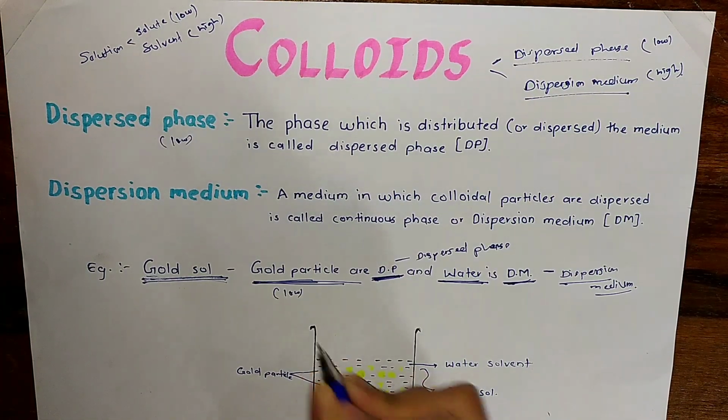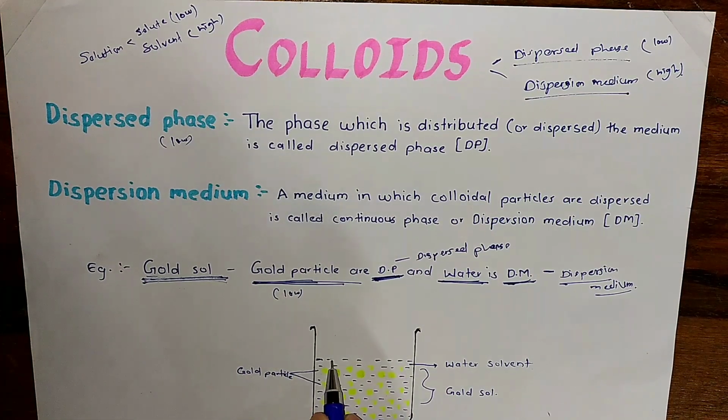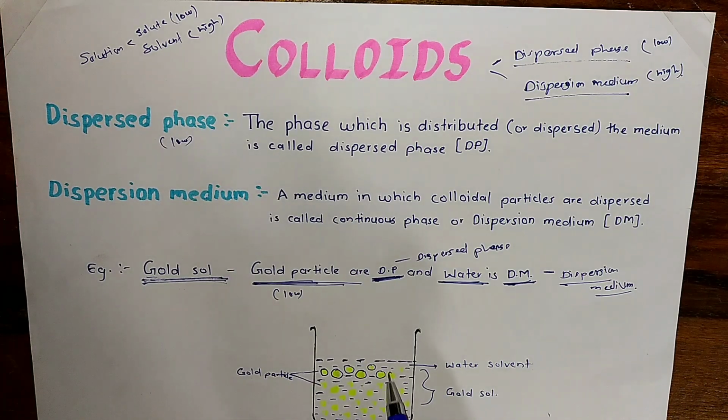Let's see what happens if we mix. In these beakers we have water. In this water we put some gold particles, the gold particles in yellow color.